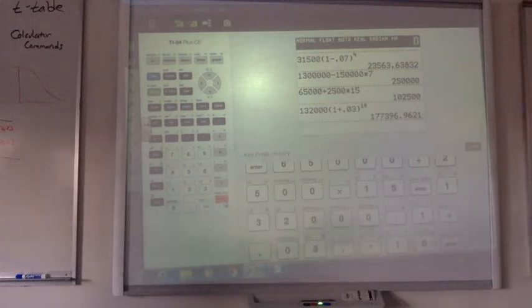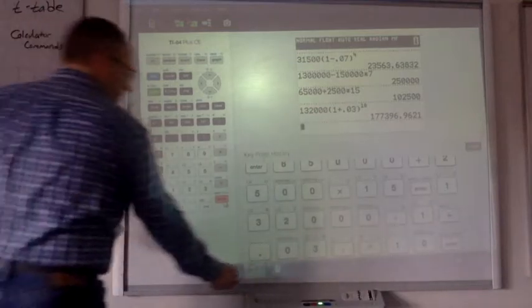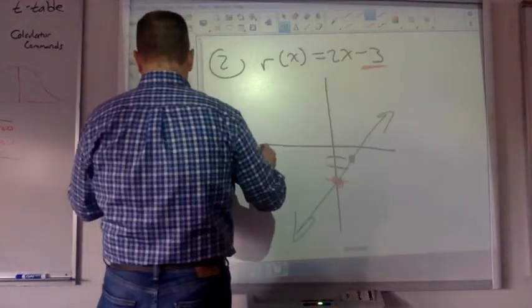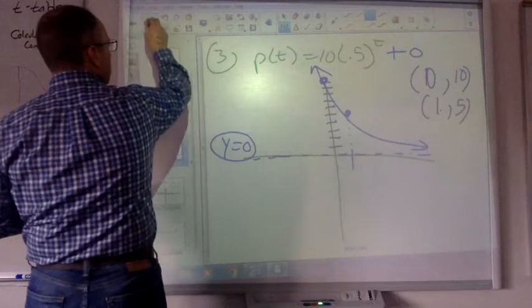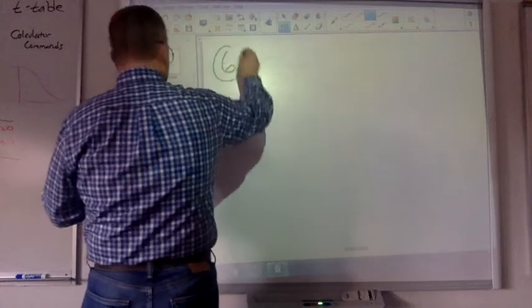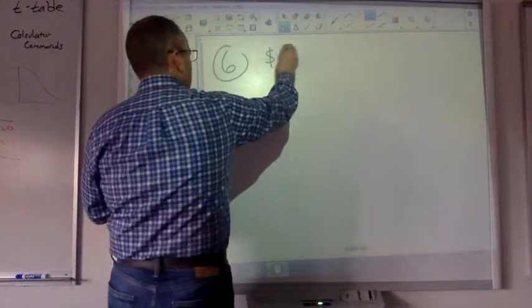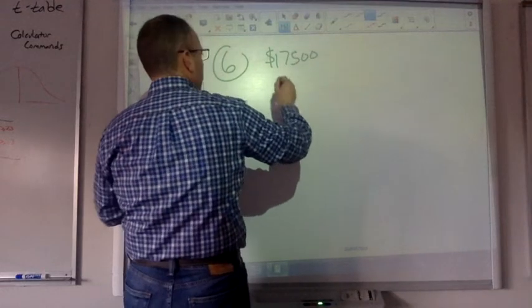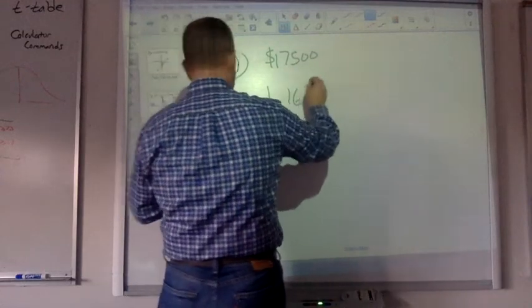Should I do number 6 just to say we did them all? Yeah. All right. I already did 1. All right. Number 6. You have a $17,500 car. It decreases by 16%.